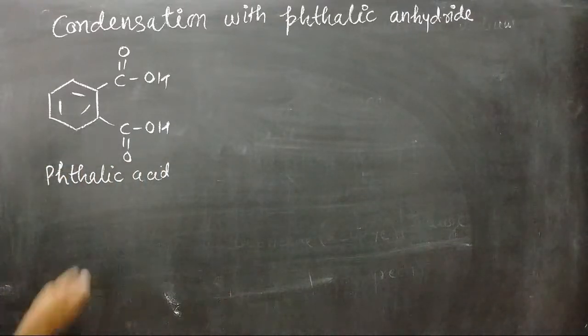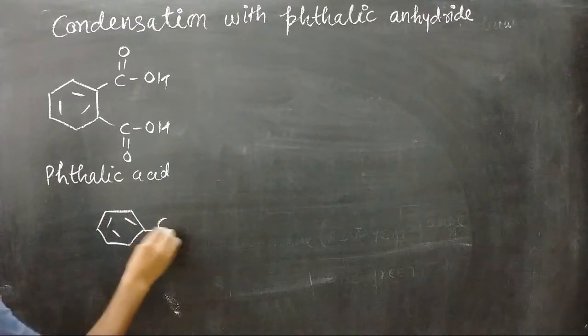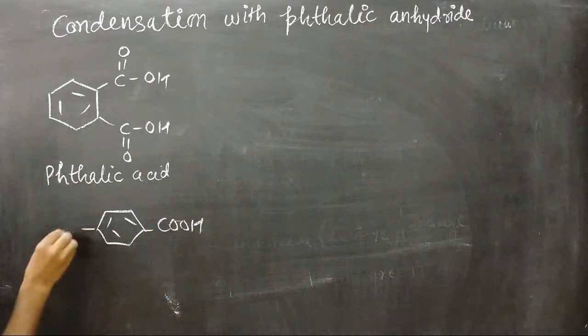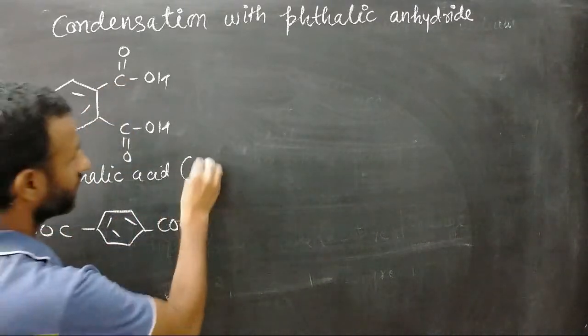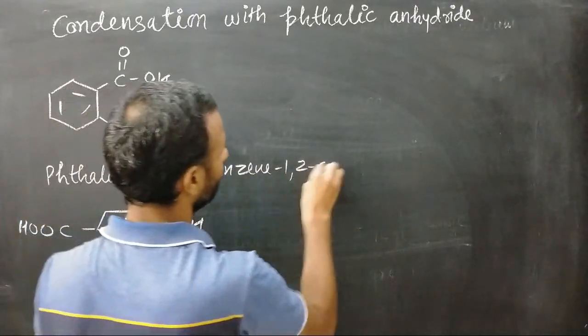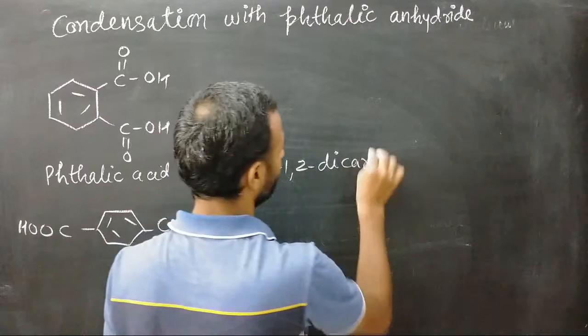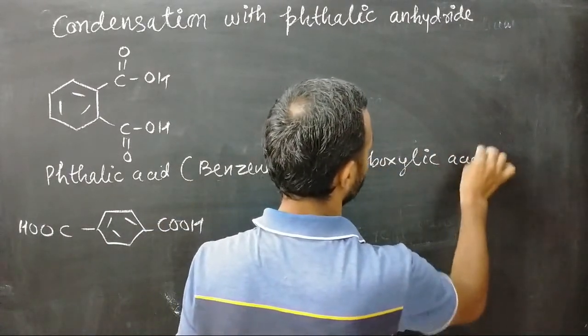Phthalic acid is benzene 1,2 dicarboxylic acid.